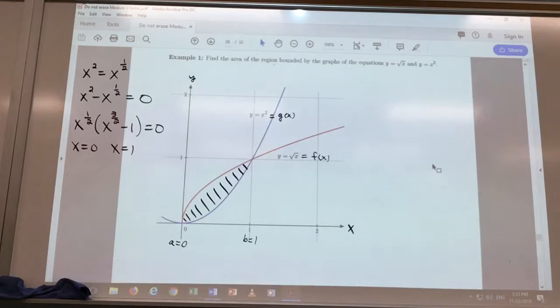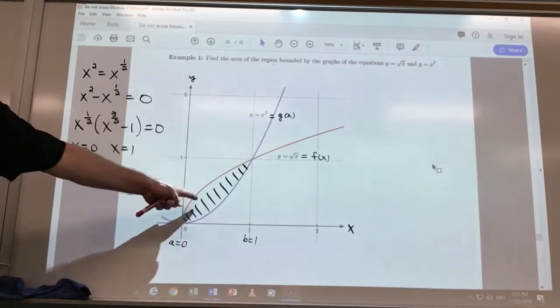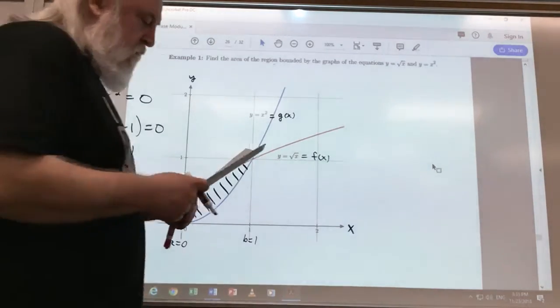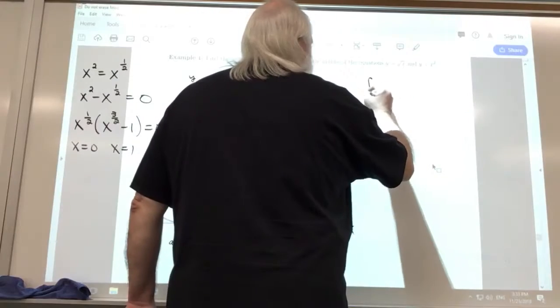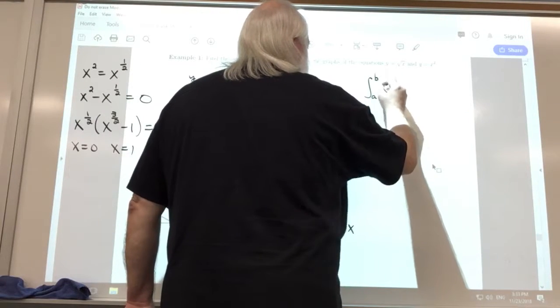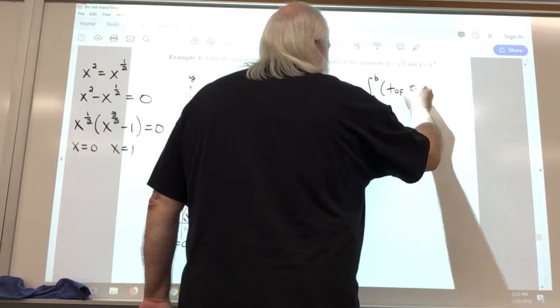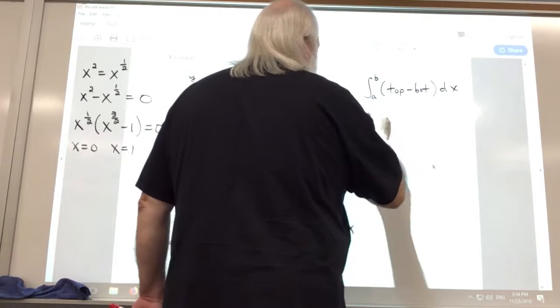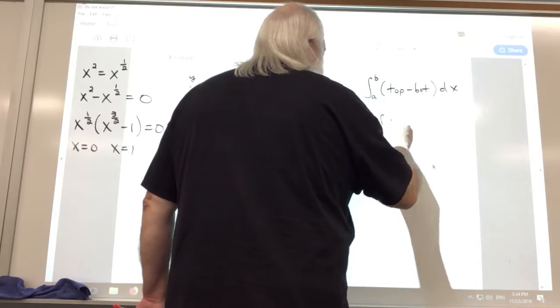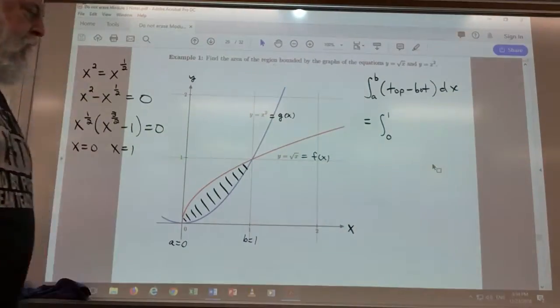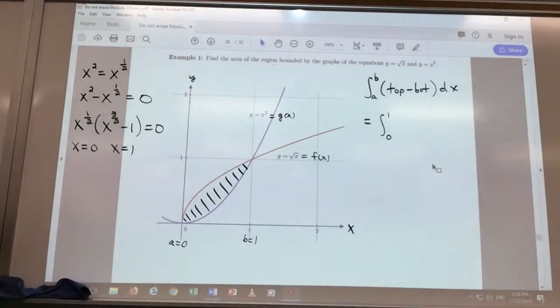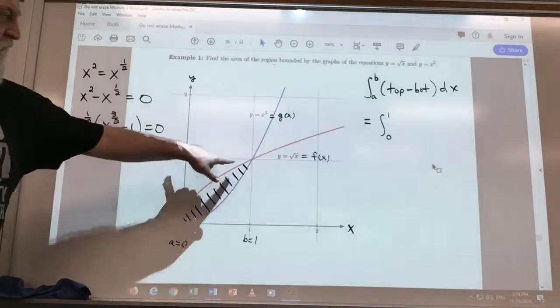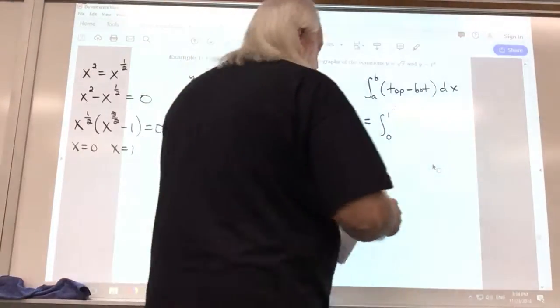So to calculate this shaded area, we're going to take the definite integral from x equals a to b of the top function minus the bottom function. Well, a is 0, b is 1. The top function is the square root of x.